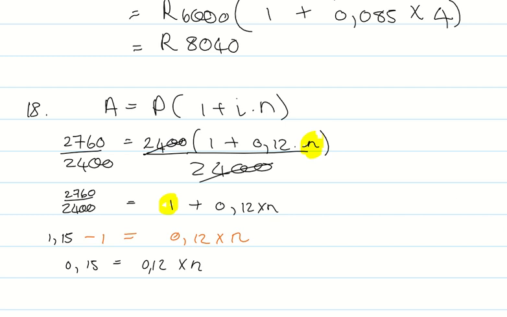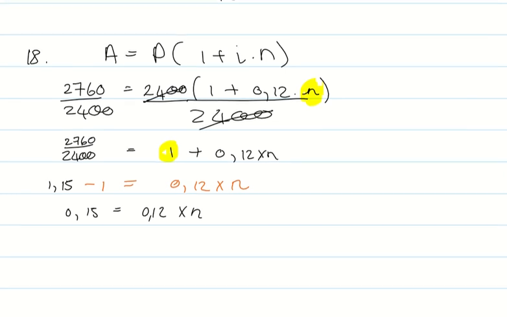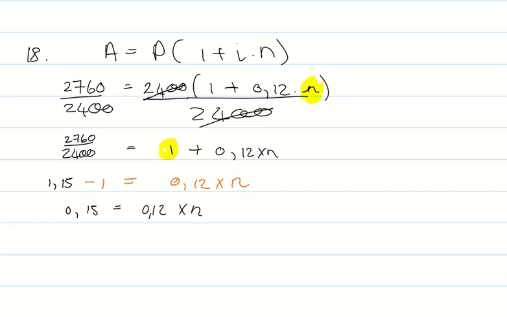Alright, so I'm still left with the multiplication, and I only want to determine n. How can I get rid of the 0.12? If I'm multiplying, I need to do what? I divide by 0.12. That and that cancel out, and I need to do the same on the other side: divide by 0.12, and then my answer will be 0.15 divided by 0.12.